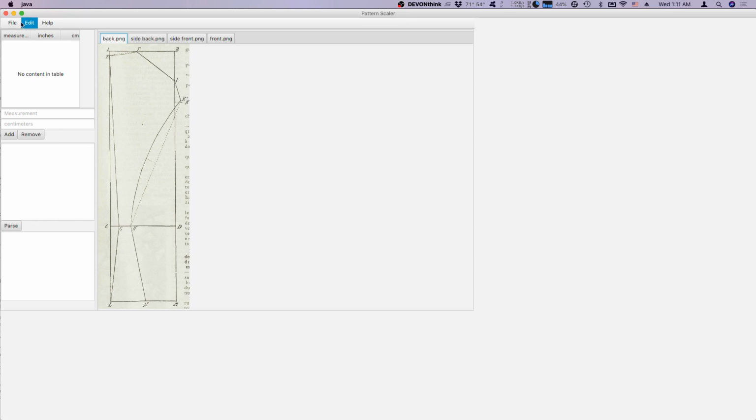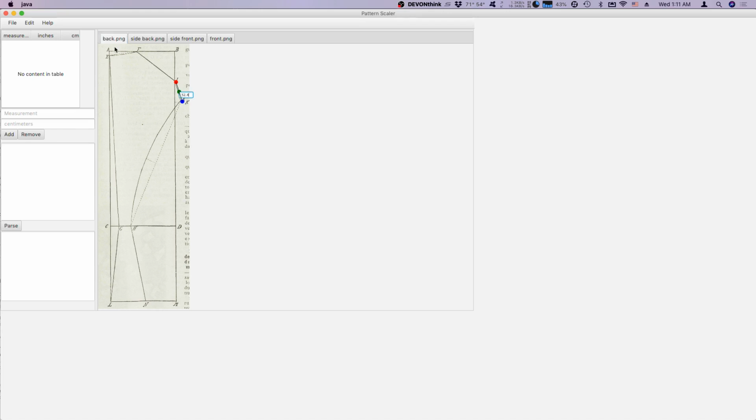So I'm going to add something called a dimension, from I through k. Now it says that the distance between those points is 52.4, but that's because the drawing isn't properly scaled right now.